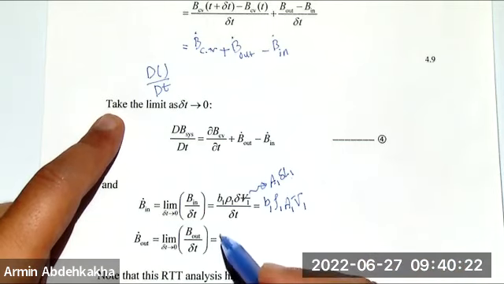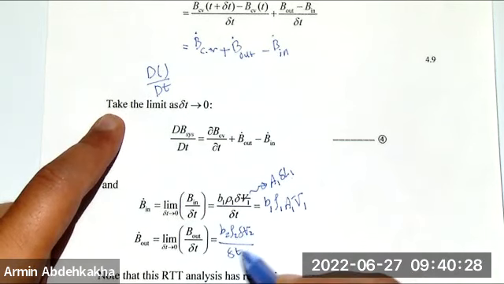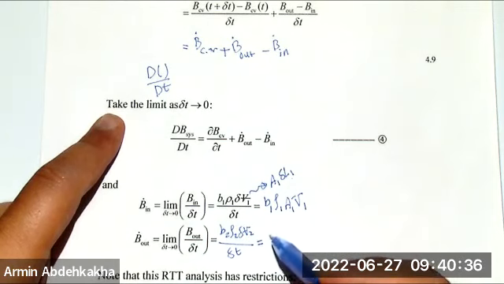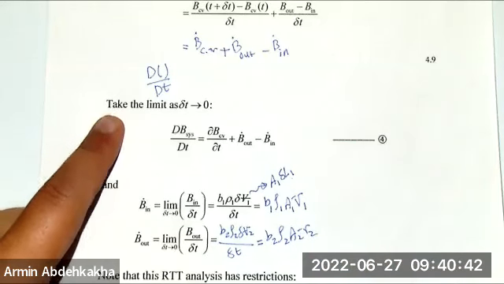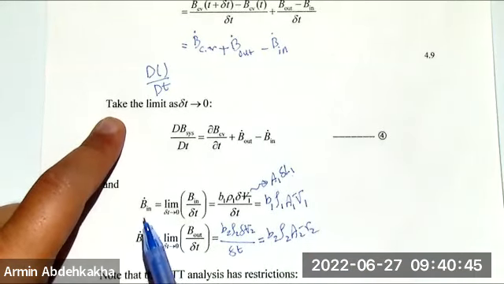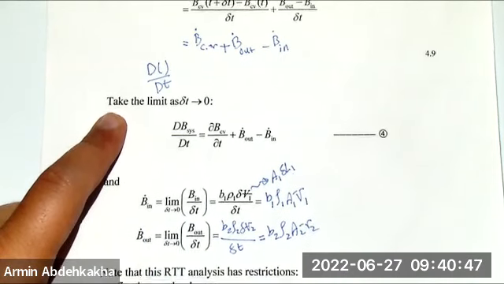The same here, b2 rho2 delta V2 over delta t. That's the volume, not velocity. This is going to be A2 times delta L2. The same as above, it is going to be rho2 A2 V2 b2. Okay, perfect. So we have an understanding of B dot in and B dot out.